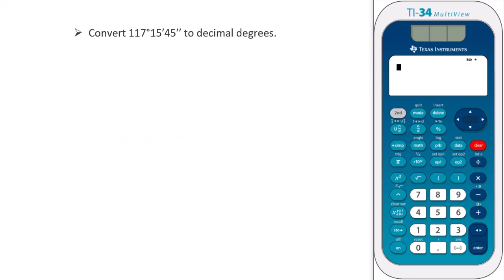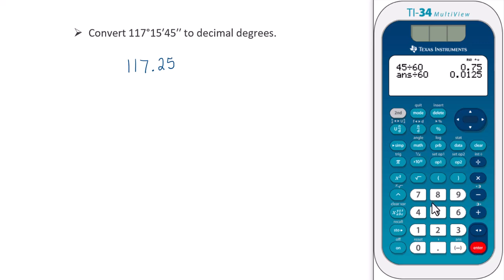Here I'm converting 117 degrees, 15 minutes, 45 seconds to decimal degrees. I know that the full part is 117. If I have 15 minutes, that means I have 15 divided by 60, which is 0.25. And then I have 45 seconds, which is 45 divided by 60 to tell us how many minutes we have, and divide that by another 60 to tell us how many degrees we have.